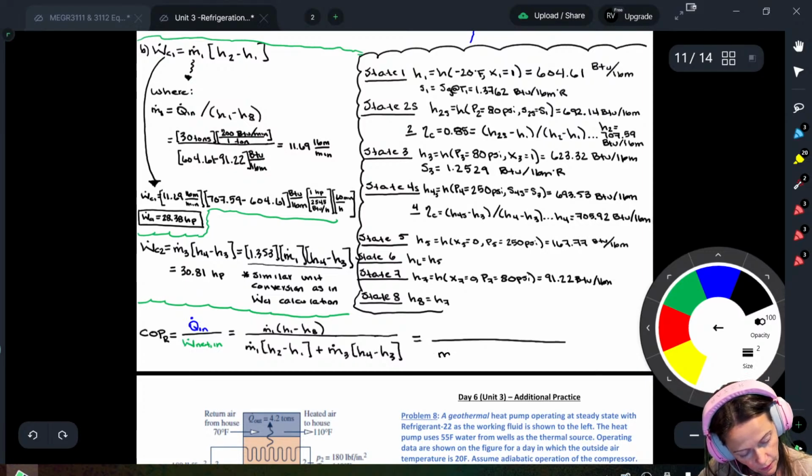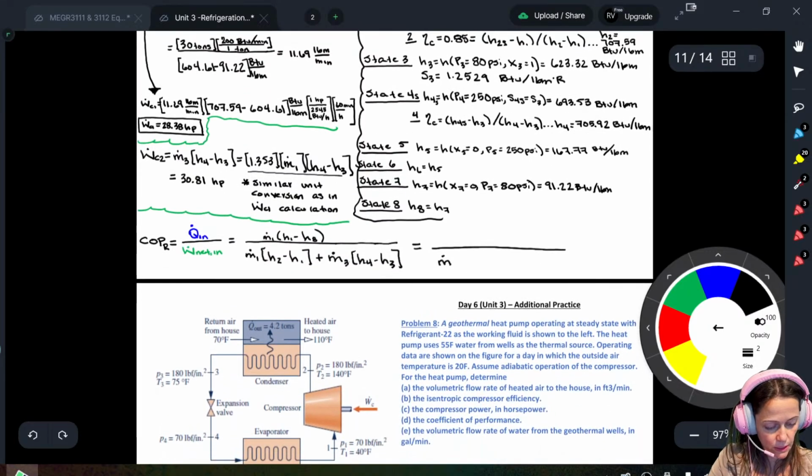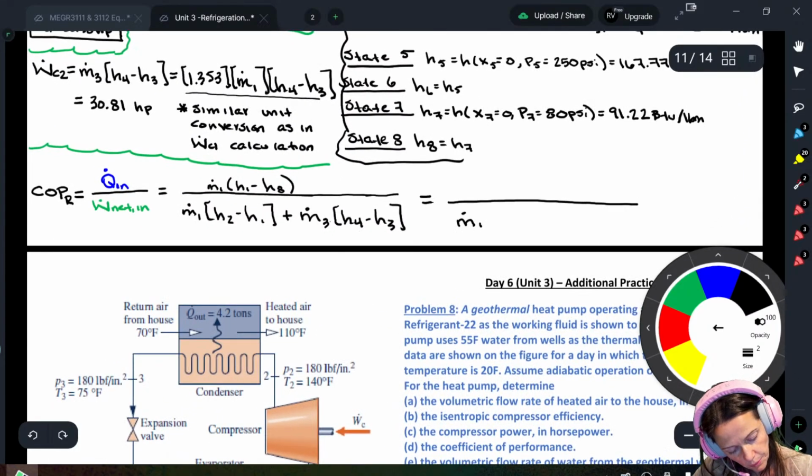I'm going to zoom in here. I'm going to rewrite most of this. H2 minus H1 plus, it's fine, M dot 1 times H1 minus H8.